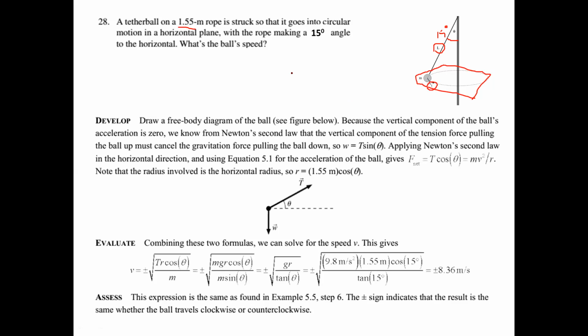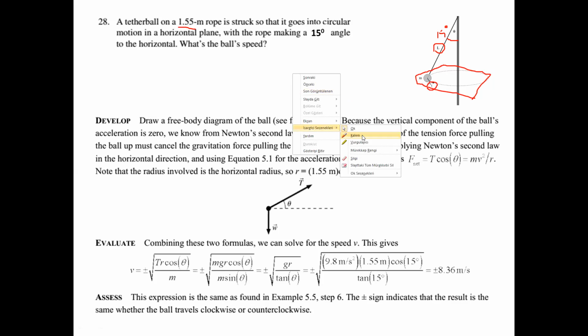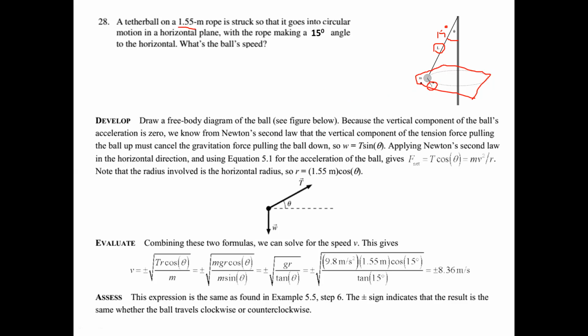So first of all, again, as I said in the previous question, we should draw a free body diagram. In this question, our object is this ball here, okay? And you know, it has a mass, so along the downward direction it should have a weight force like this, okay?